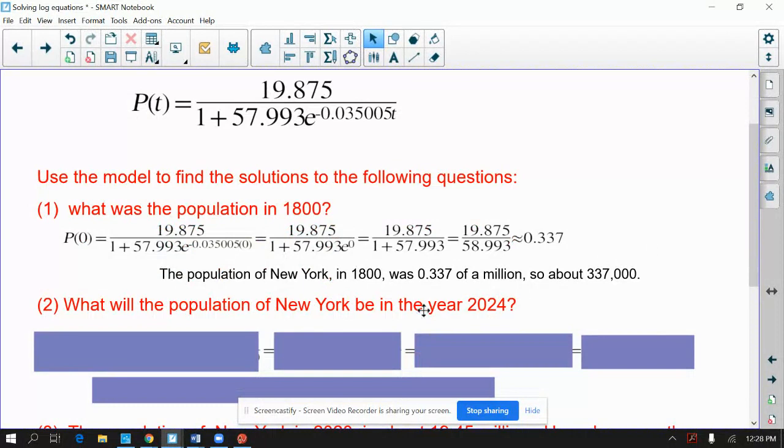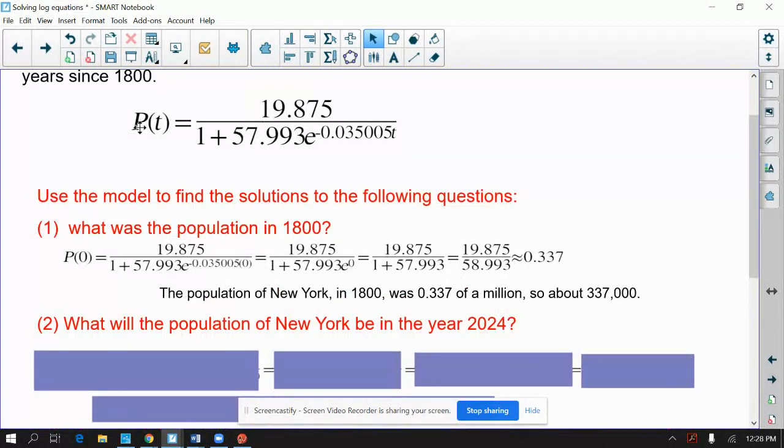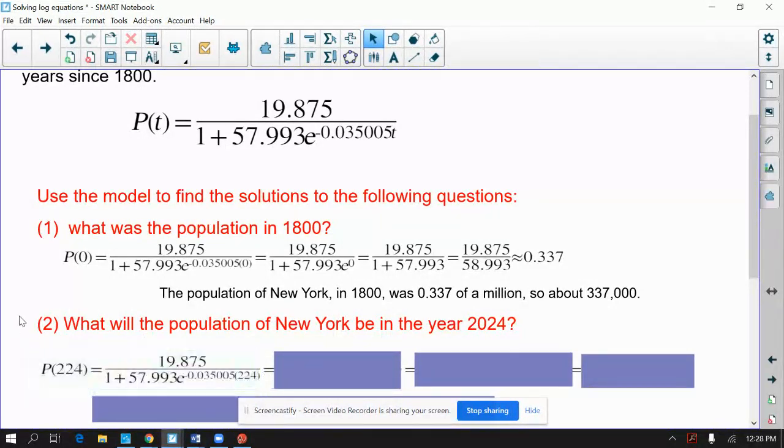What will the population of New York be in the year 2024? Well, this is the population based on years. What do I plug in for t here? T is the years after 1800. So 2024 is 224 years past 1800.